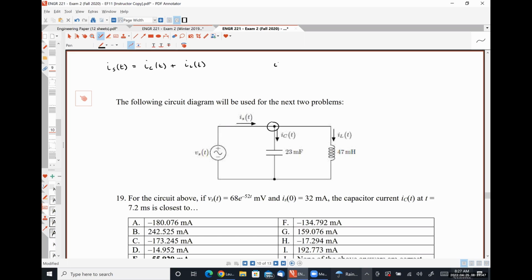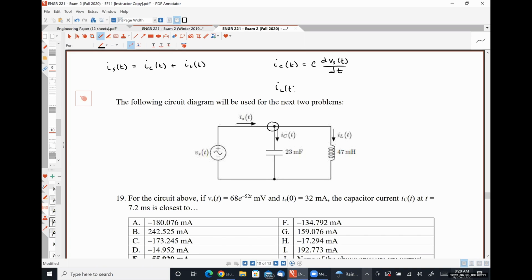We know that IC of t is C dVs/dt, since the voltage source Vs is in parallel with the capacitor. That Vs represents Vc. So that's effectively how we would do number 19.